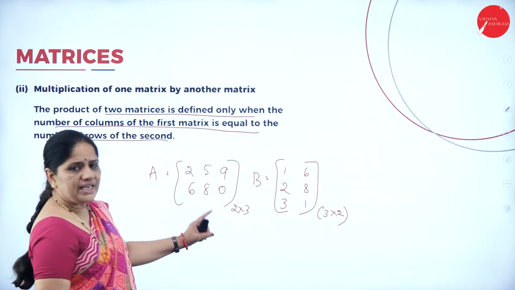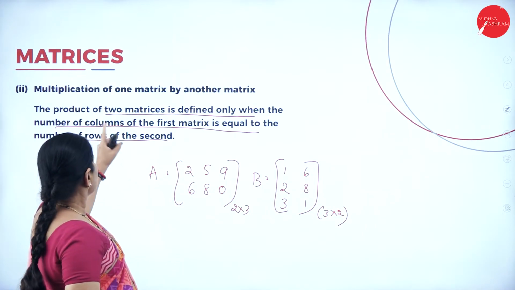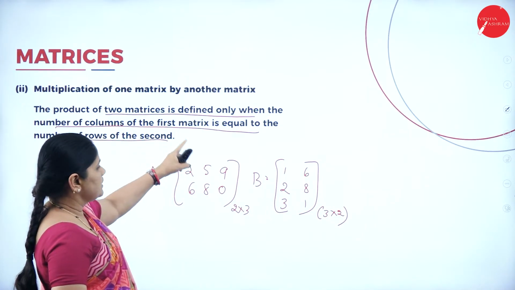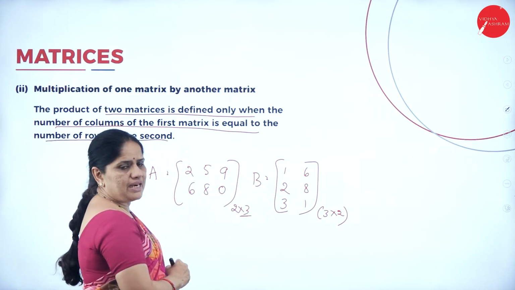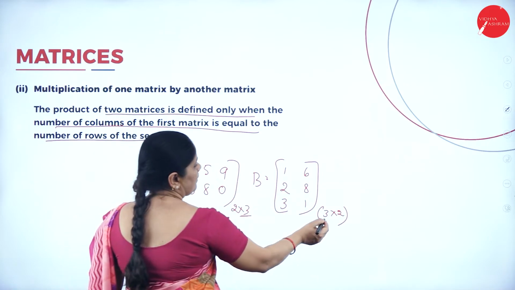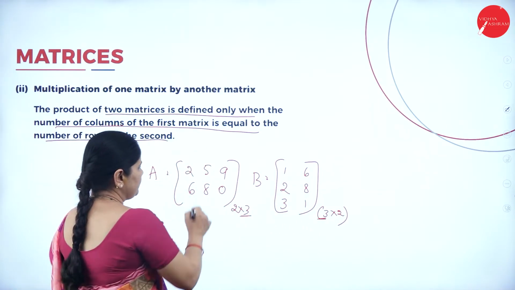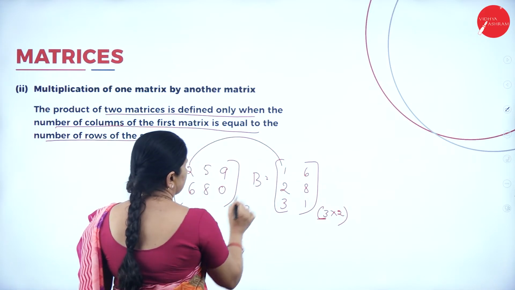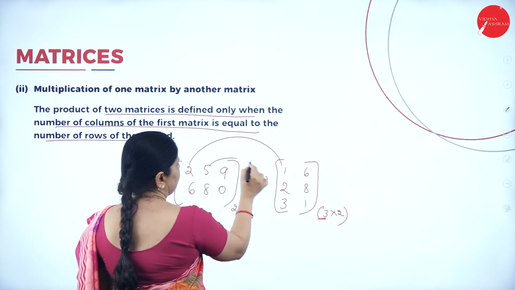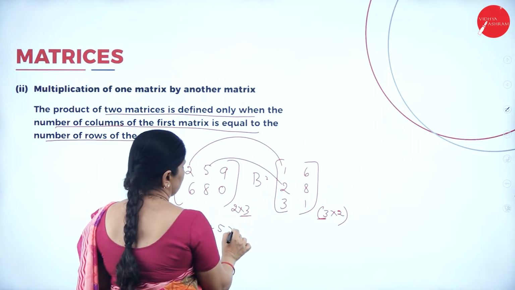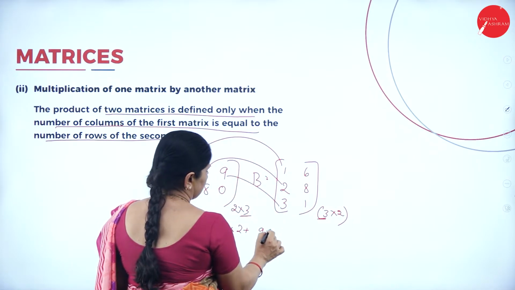So we can have a multiplication of matrices when the number of columns of the first matrix is equal to the number of rows of the second matrix. So if I have to multiply, I will write 2 into 1 plus 5 into 2 plus 9 into 3.